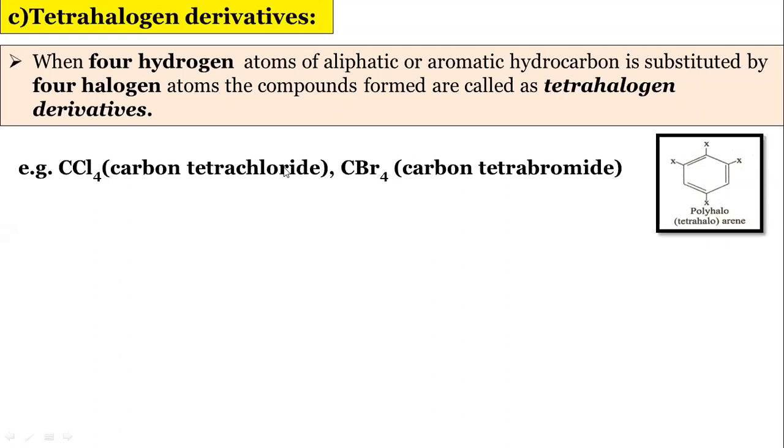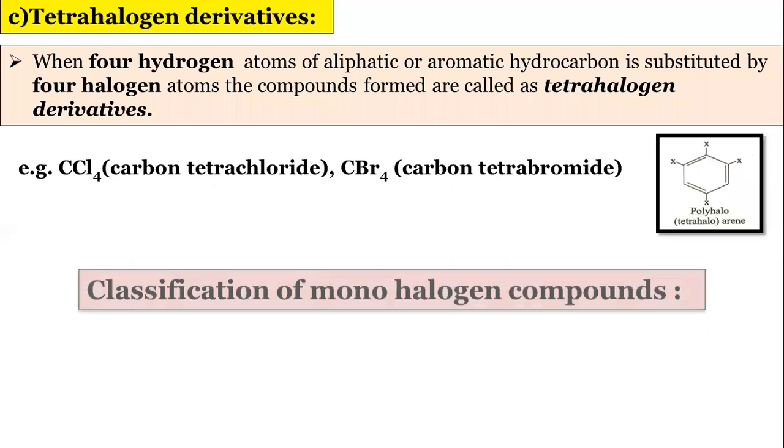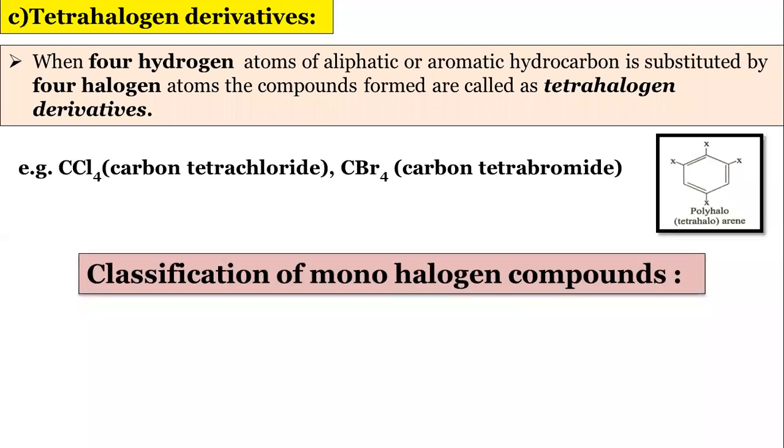If fluorine is there, it will be carbon tetrafluoride, and if iodine is there, it will be carbon tetraiodide. And in case of the aromatic system, see here, 4 hydrogens are replaced with 4 halogens, 1, 2, 3, 4. It is called a tetrahalogen derivative.